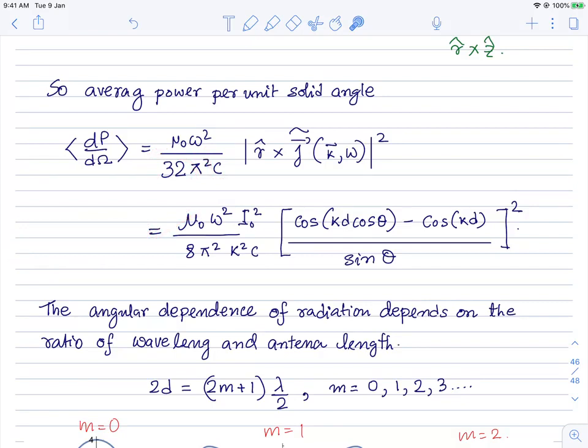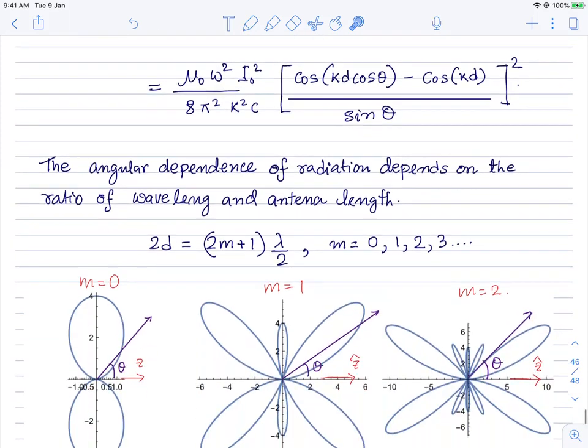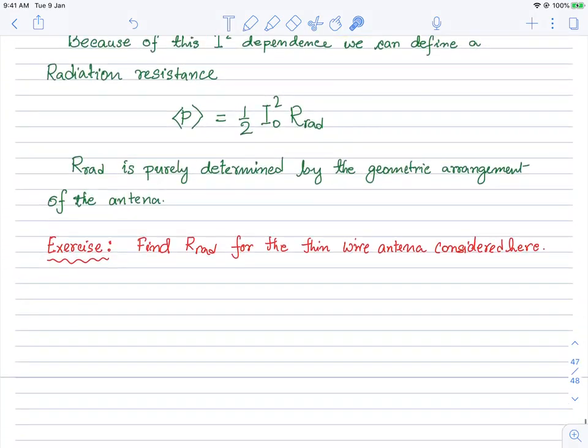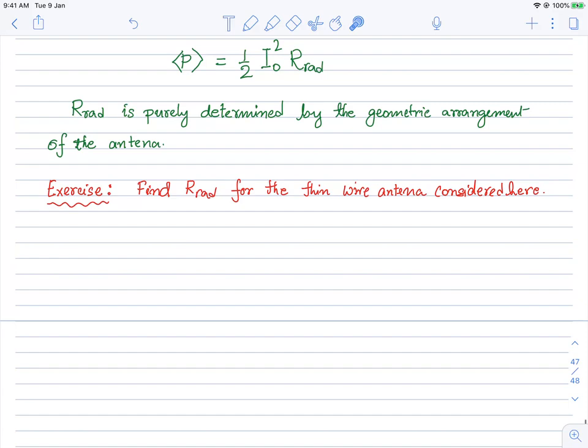I have to supply that amount of energy to the antenna, feeding the center of the antenna with this potential, and that energy would be radiated and sent away as radiation far away. I hope the idea is more or less clear. You have to do a lot of exercises to get to terms with this idea. I know this is new to a lot of you, but let me terminate the discussion here.